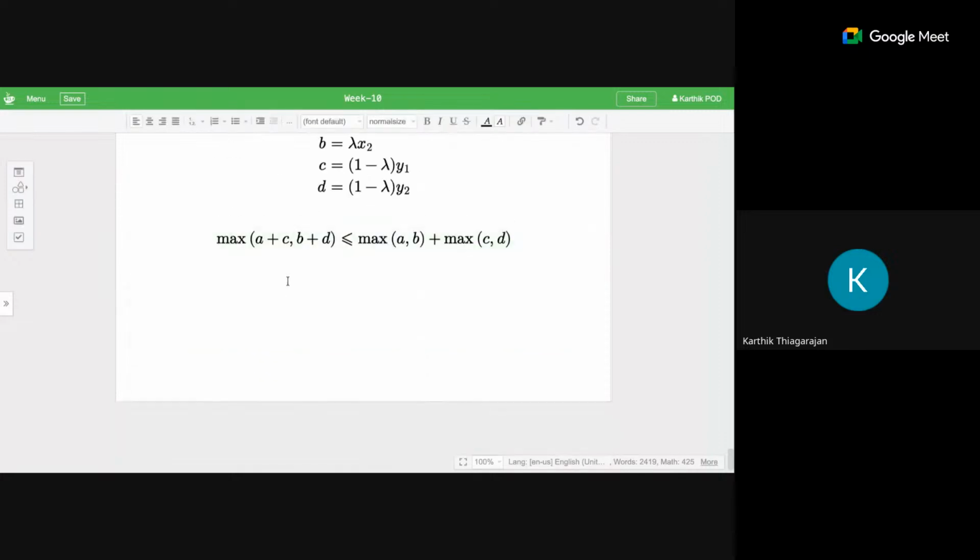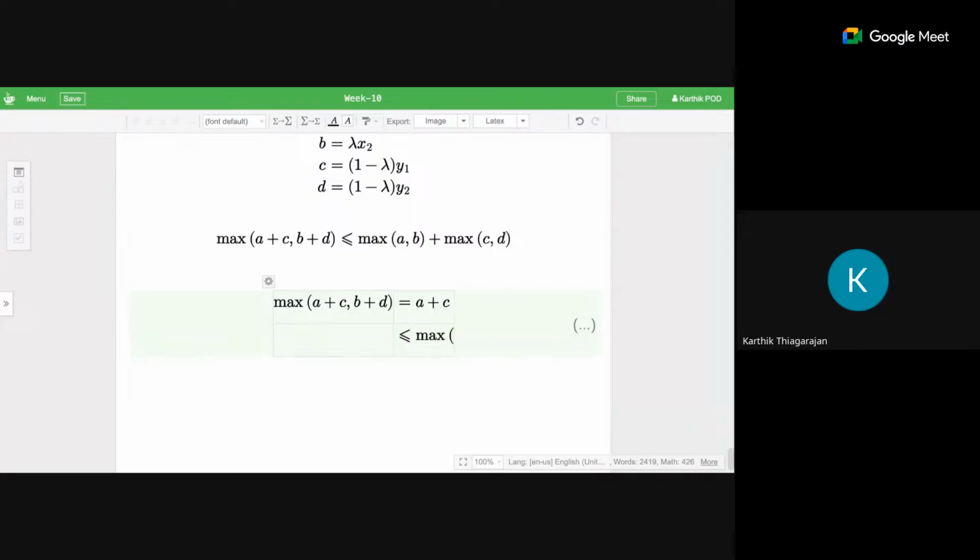Now, if you think about it, max of A plus C comma B plus D can either be A plus C or B plus D, right? Do you agree? So it can be one of these two. Let's say it's A plus C. Now, what is A less than or equal to?